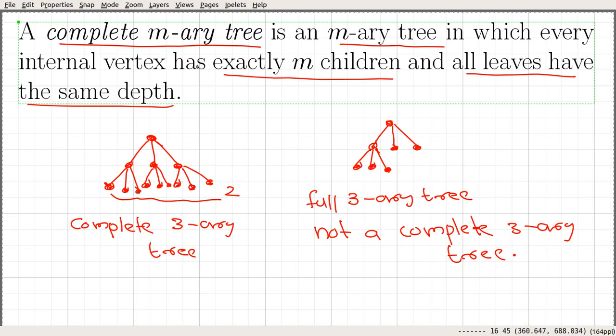The reason is this: these 2 leaves are at depth 2, whereas these 3 leaves are at depth 3. In order for an m-ary tree to be a complete m-ary tree, all the leaves should have the same depth. So here we have these 2 leaves at depth 2 and these 3 at depth 3. So that is not a complete 3-ary tree.